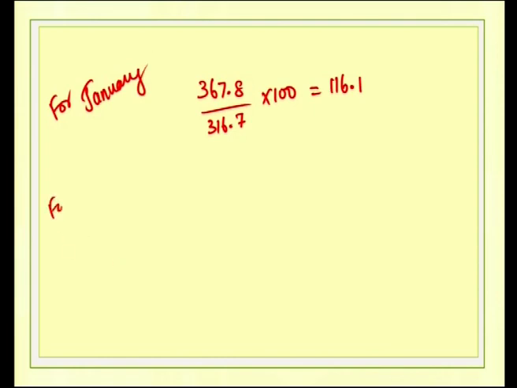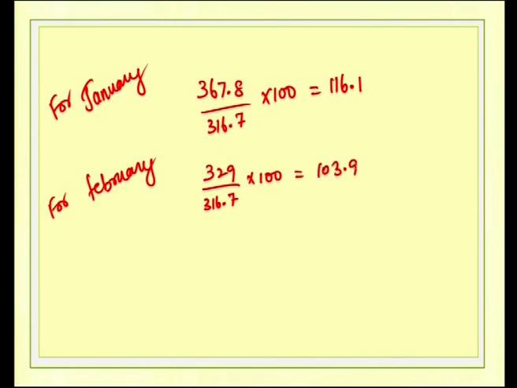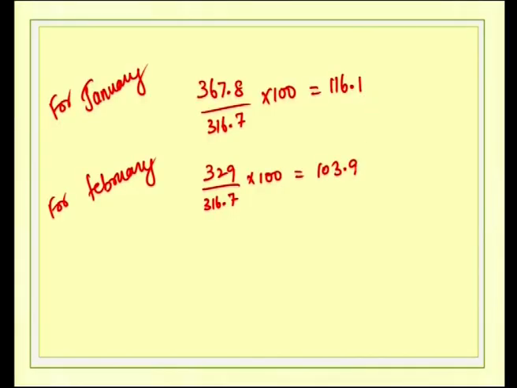Okay. Similarly, for February, I will just do 2 months, and it is similar for the other months also. 329 by 316.7 into 100 gives you 103.9. Likewise, the values are calculated. These particular values 116.1, 103.9 are called the seasonal variations.